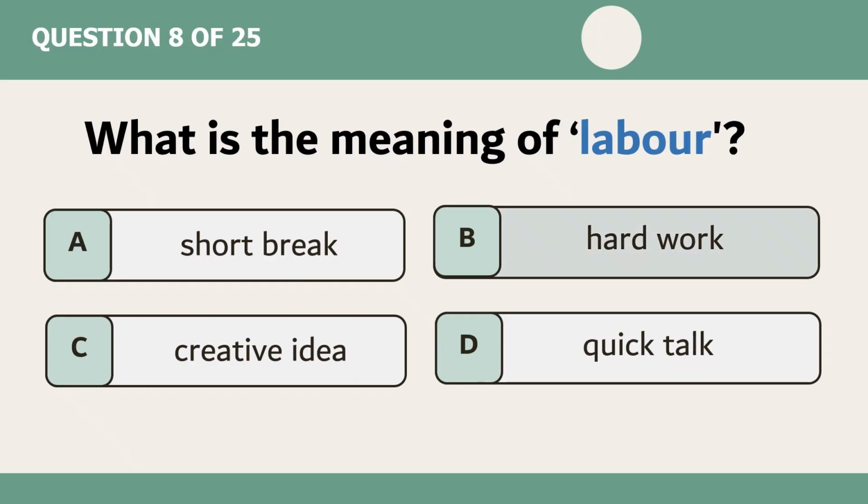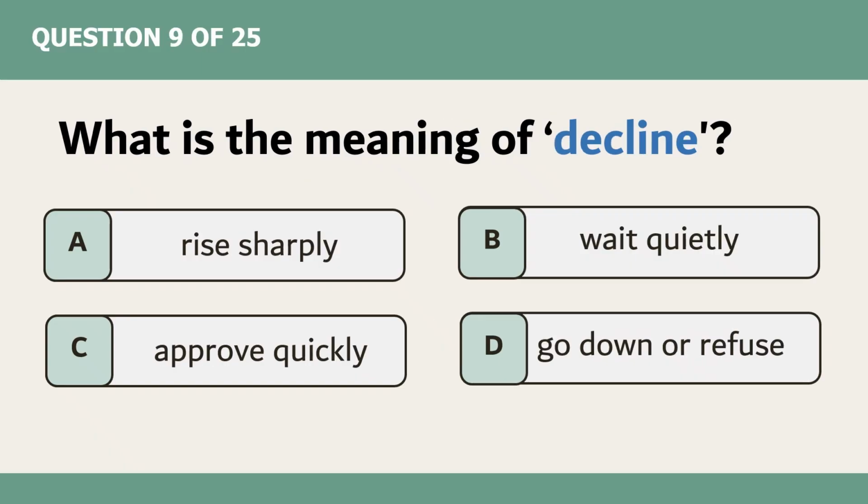The correct option is B. Hard work. Question 9. What is the meaning of decline? The correct option is D. Go down or refuse.